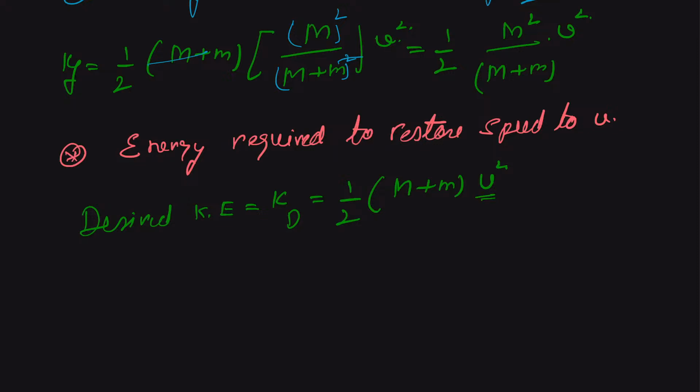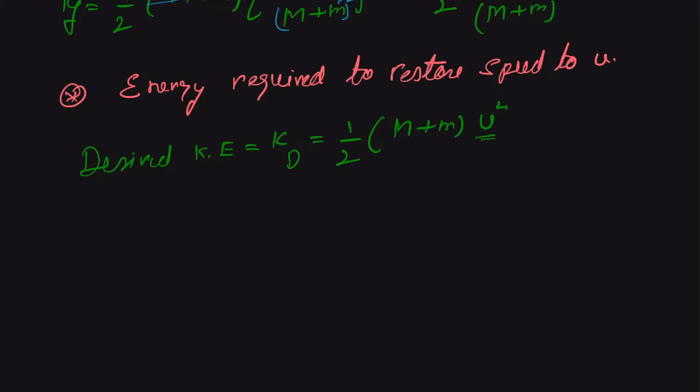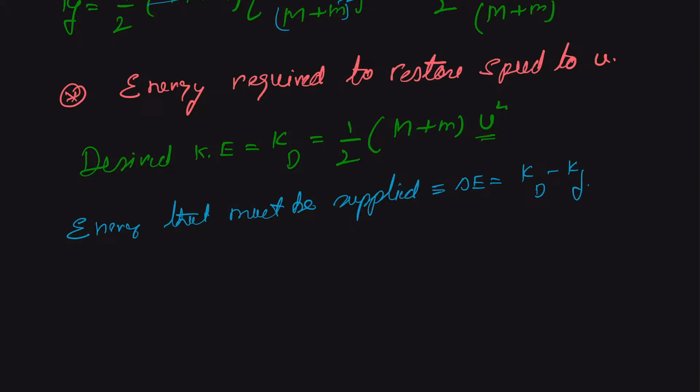So this is our desired kinetic energy, and from here we can write that the energy that must be supplied, let us call this delta E, and this delta E will be our desired minus the final kinetic energy.